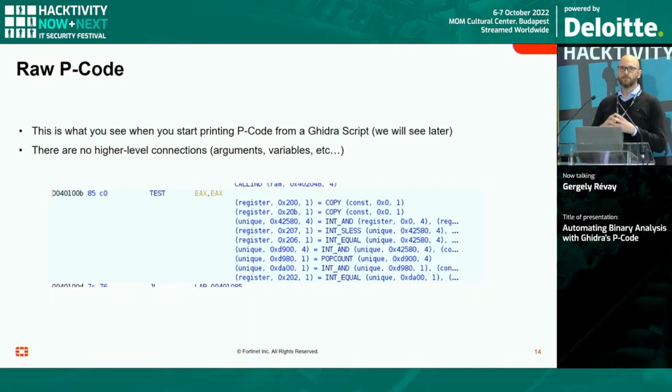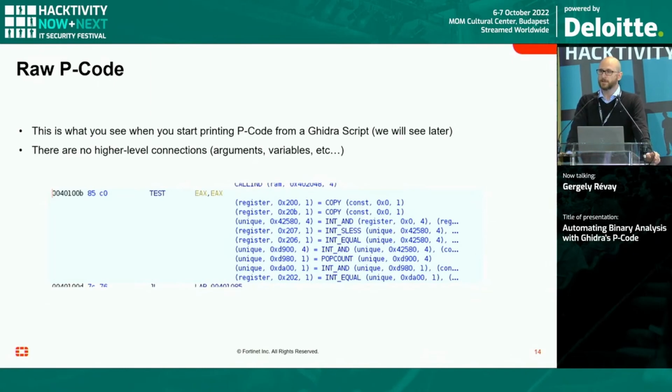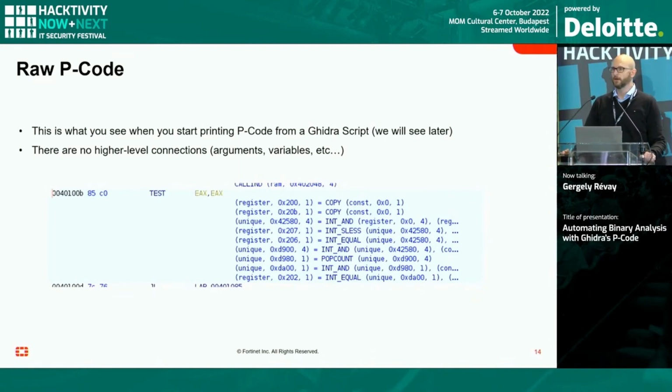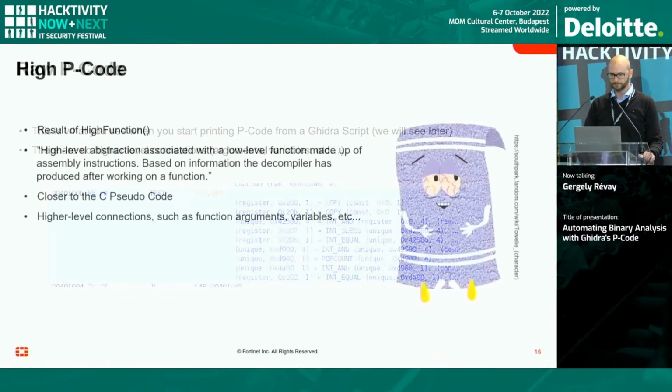In this case, we already have a great, standardized structure of the P-code, and it's pretty clear all the things that are done by that particular instruction. However, we don't have higher level context to our code, so we don't have function arguments, we don't have variables and all these kinds of things. But it's already a great help when we work in raw P-code.